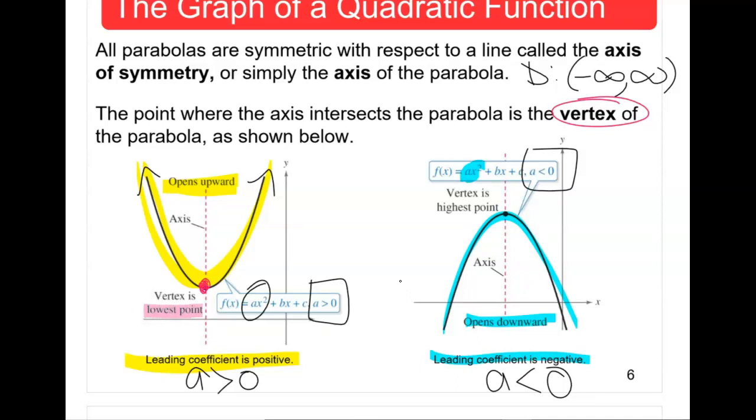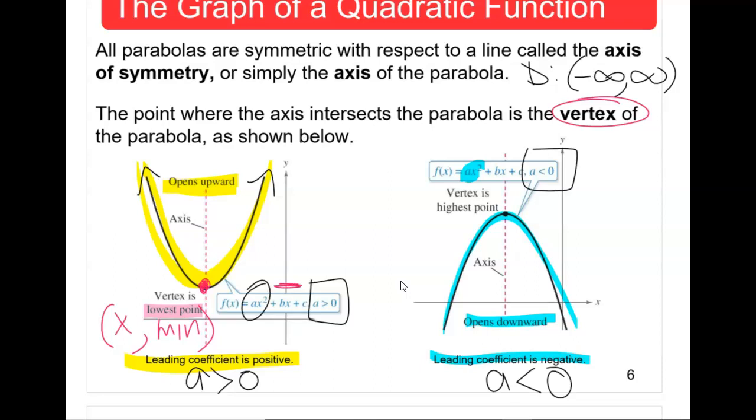And if it is the lowest point, we refer to it as the minimum. In fact, I'm going to write it as a point because the minimum is the actual y value. That's what we call the minimum, and it will be the minimum range or output that the function will have.